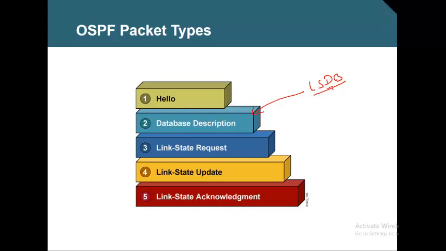They share the summary of LSDB. If it shared the detailed LSDB, the consumption of CPU and bandwidth would be very high in a big network. So it is always the summary of LSDB that is shared, which is called DBD.